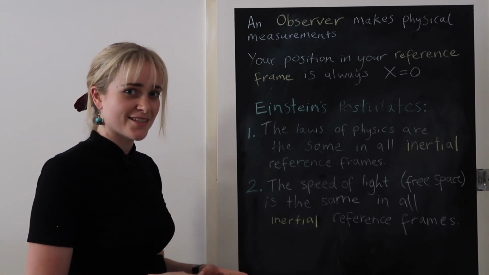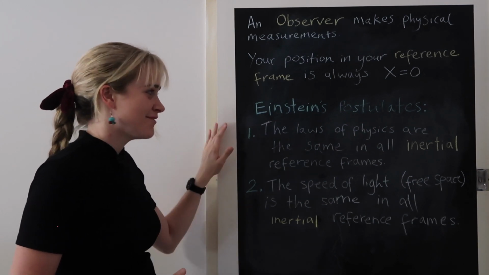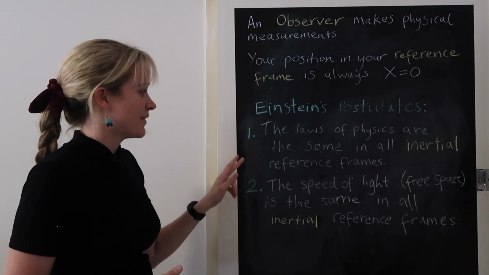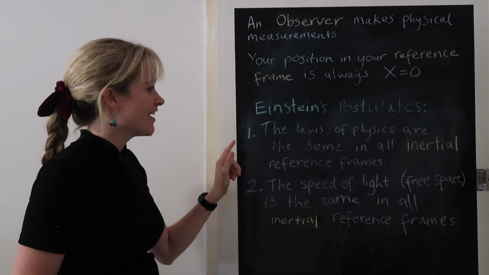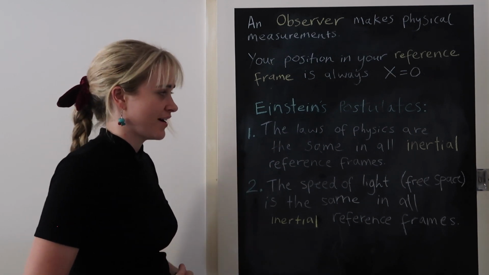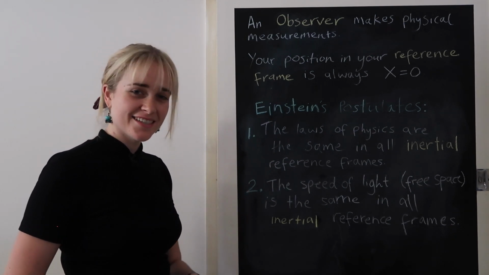Special relativity is often credited as one of Einstein's inventions, and we have some of Einstein's important postulates here. We've got two, and these really govern what's going on in special relativity. So one, the laws of physics are the same in all inertial reference frames. So an inertial reference frame is one where I guess Newtonian physics applies.